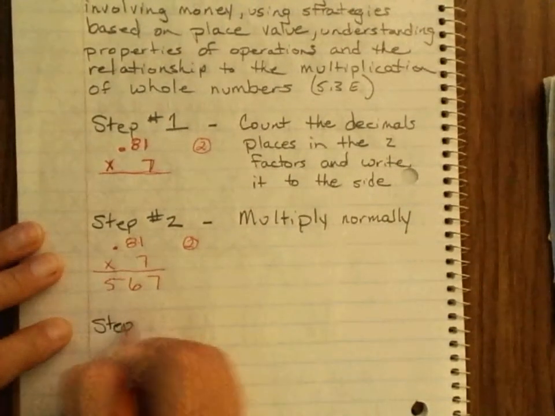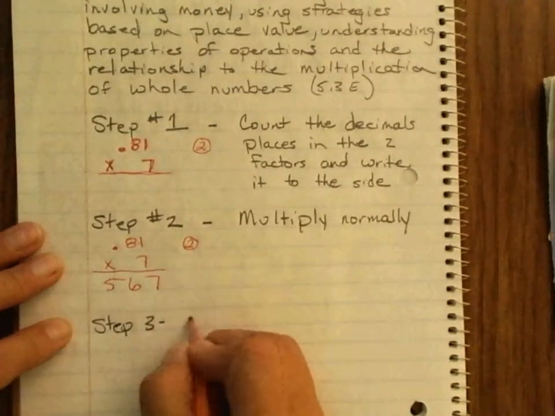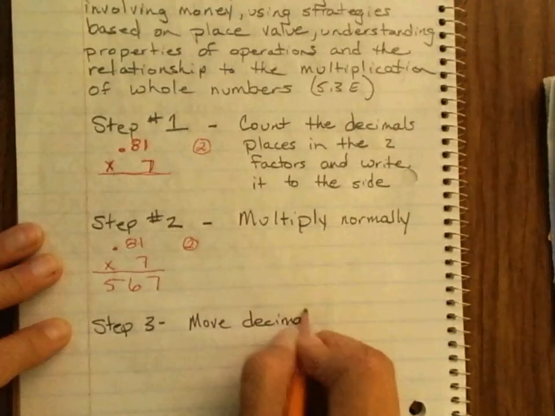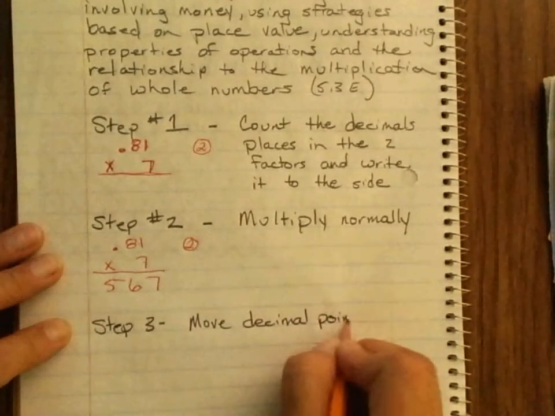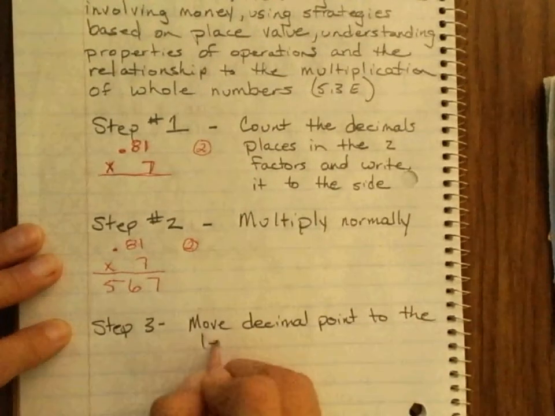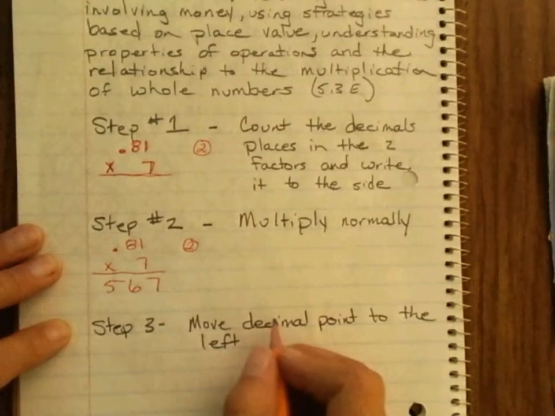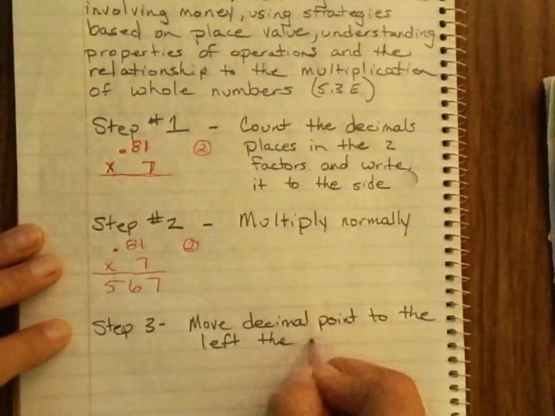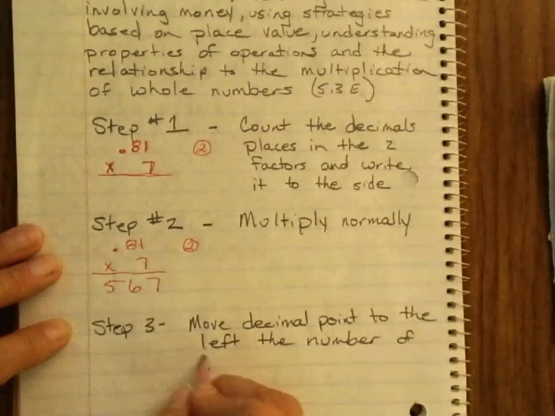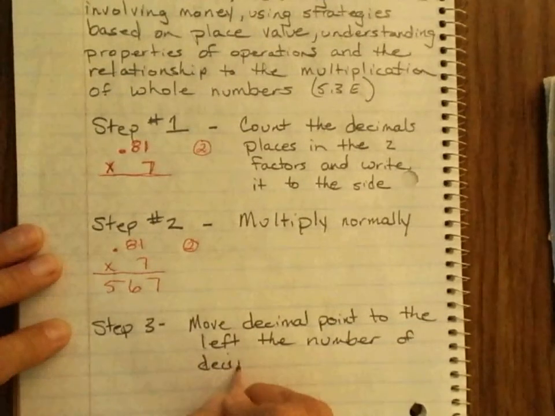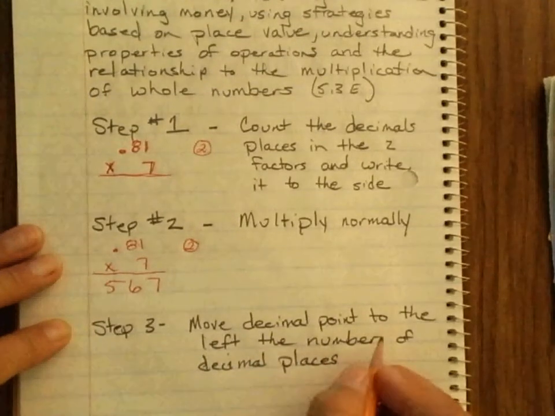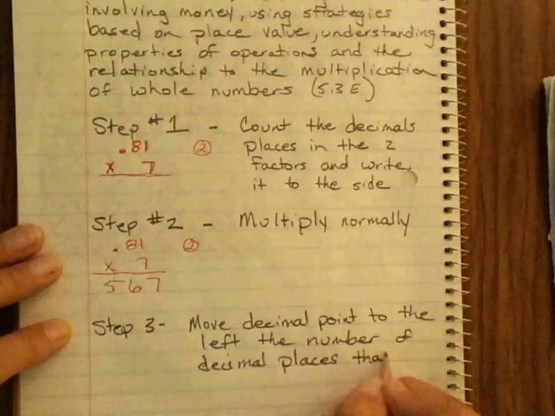Okay, now then step 3, move the decimal point to the left the number of decimal places that are in the factors.